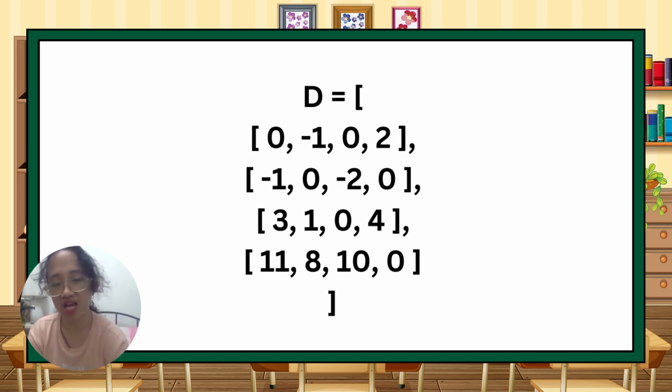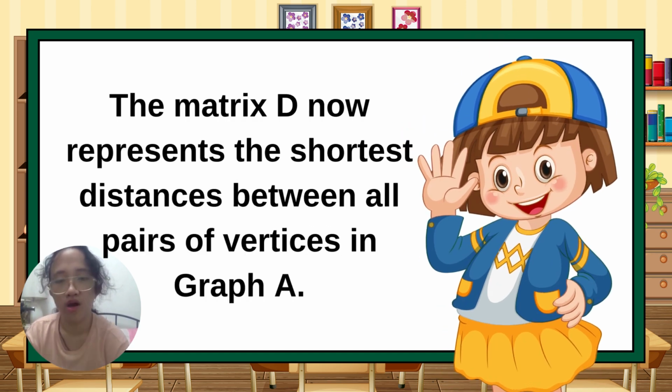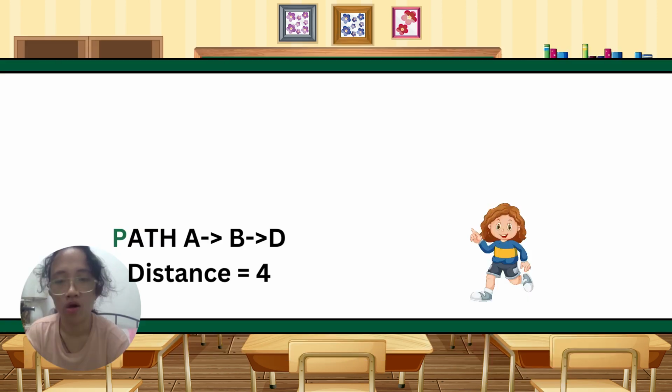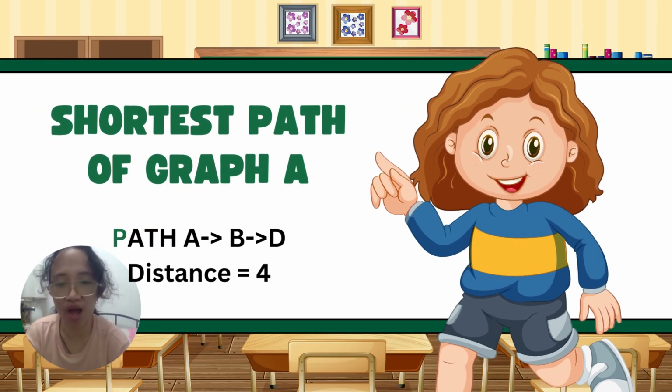And lastly for our D: 11, 8, 10, and 0. The matrix D now represents the shortest distances between all pairs of vertices in graph A. So here is our shortest path for graph A. Path A to B to D with a distance of 4.